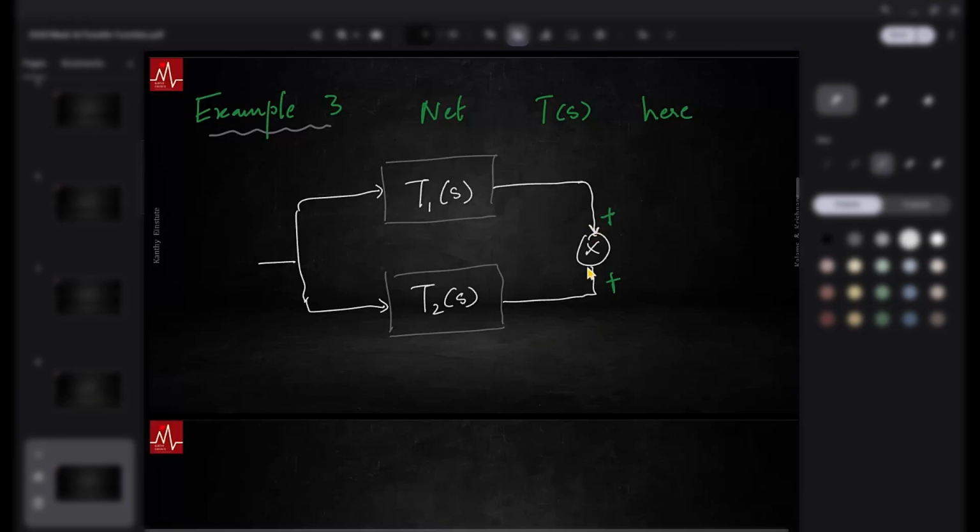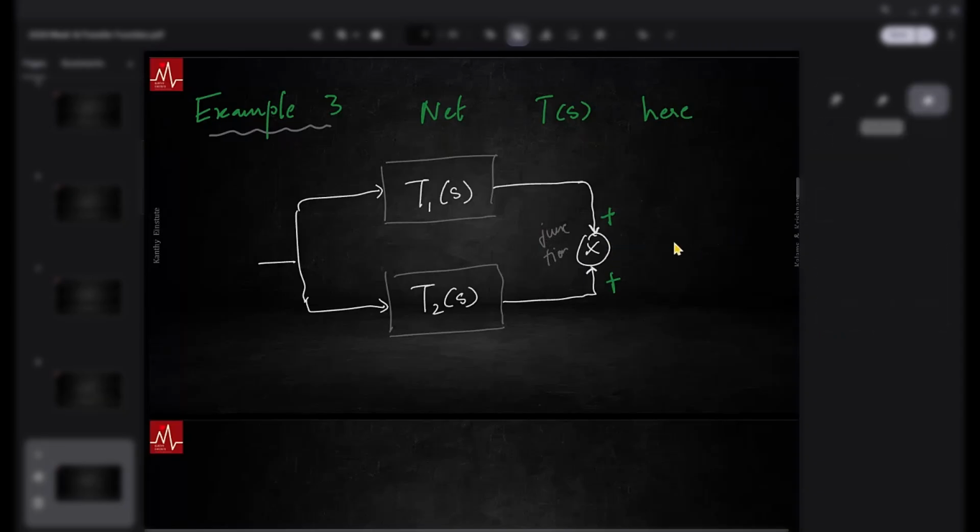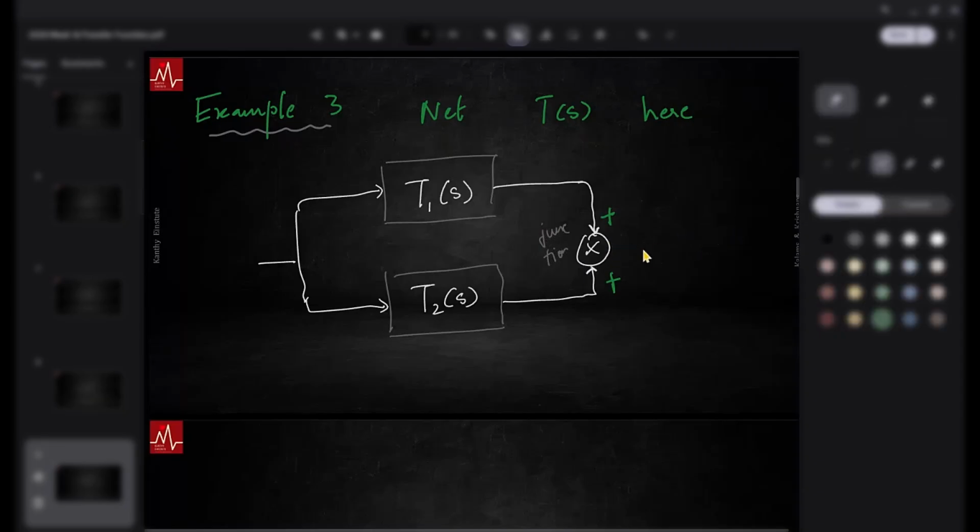This is just a junction, with summation, things being summed, and what you get here is the output. This is your y of s, and your x of s goes in here.